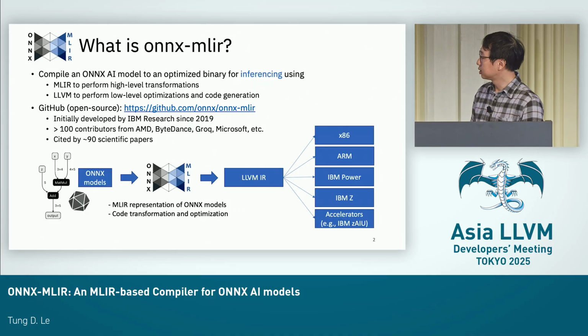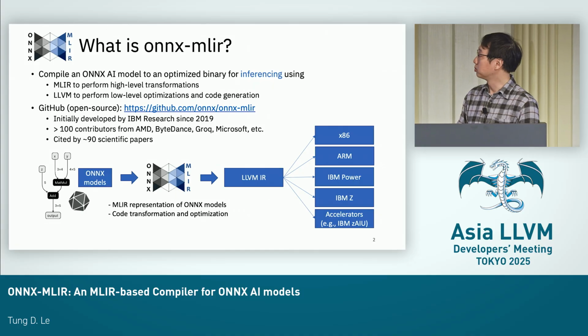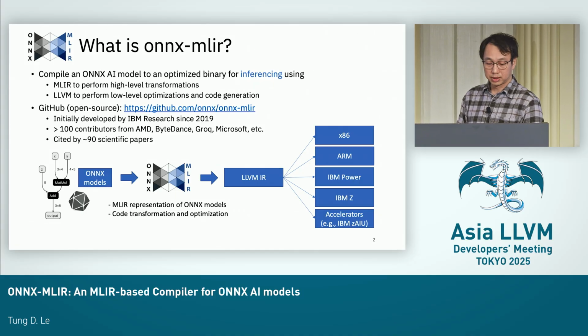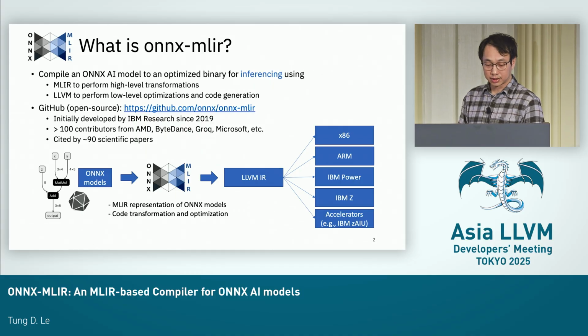This framework leverages the MLIR framework to perform high-level transformation, and LLVM to perform low-level optimization. Thanks to LLVM, we can generate code for a wide range of hardware, such as x86, ARM, IBM machines, and custom accelerators.